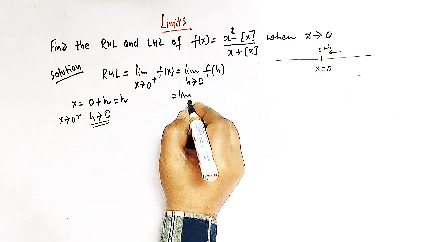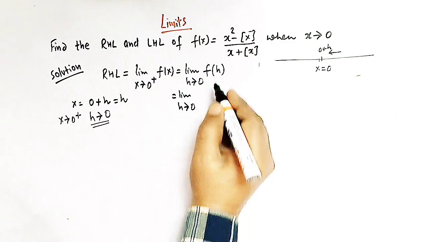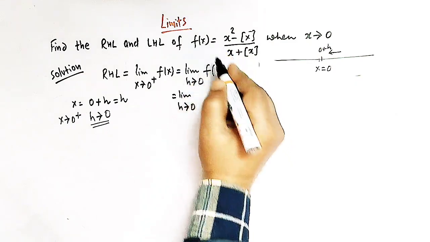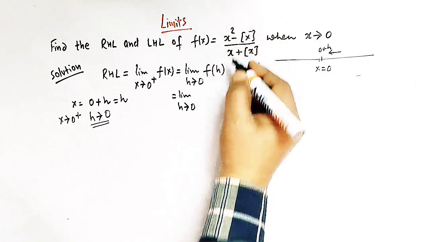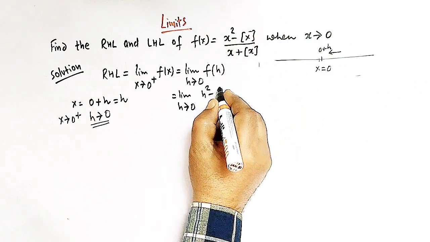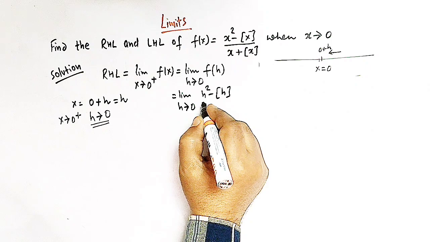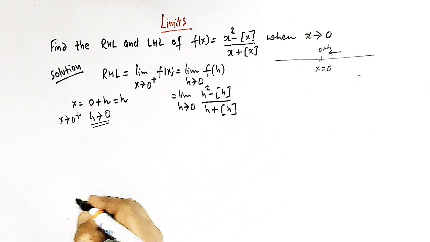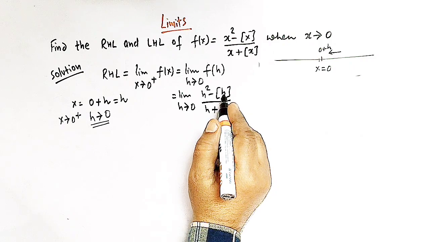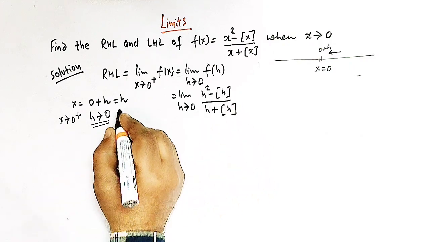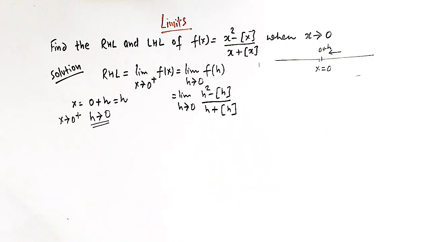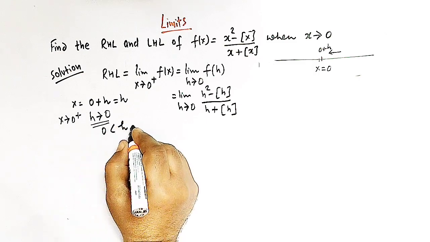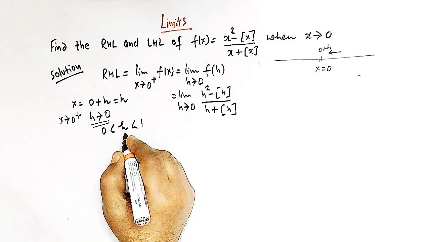So now we have limit h tends to 0, and f of h can be obtained by replacing x by h in this function. So we have h square minus greatest integer of h, then we have h plus greatest integer of h. Now see, here we have greatest integer of h, and this quantity h is infinitesimally very small, and it lies between 0 and 1.